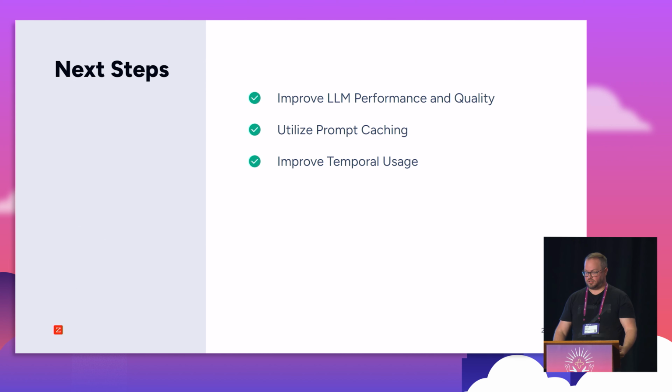We are constantly looking at how we improve our Temporal usage as well. This was the first project that we released on Temporal Cloud at ZoomInfo. We have some other projects, but they're still running on our self-hosted cluster.